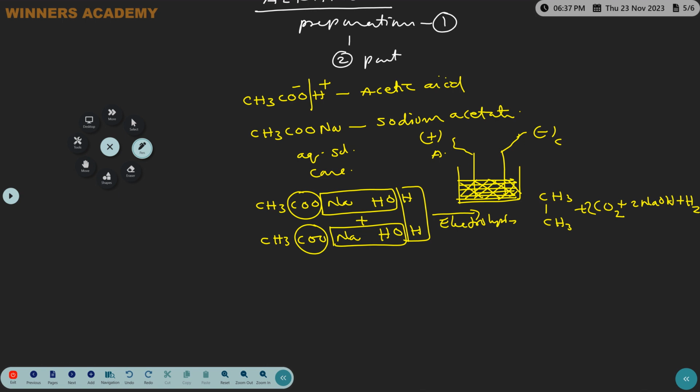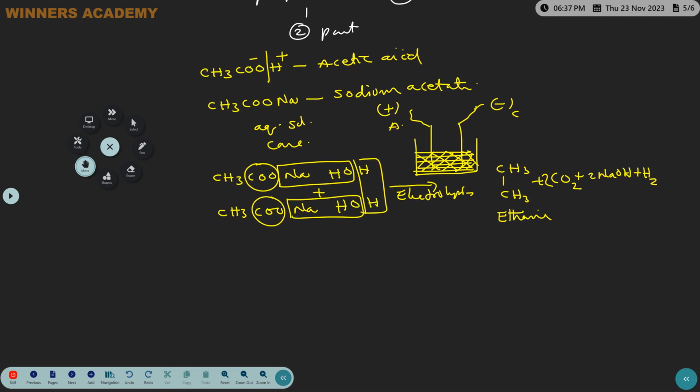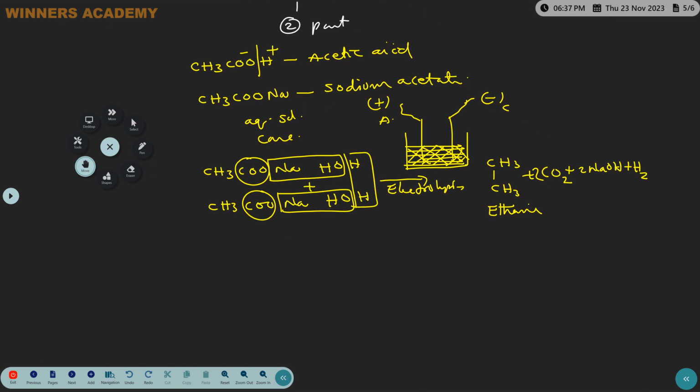Like that, ethane is formed. Here ethane and carbon dioxide are formed at one electrode, and NaOH and H2 are formed at the other electrode. So this is about Kolbe electrolysis.